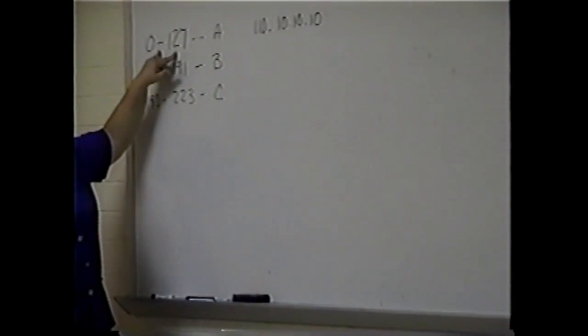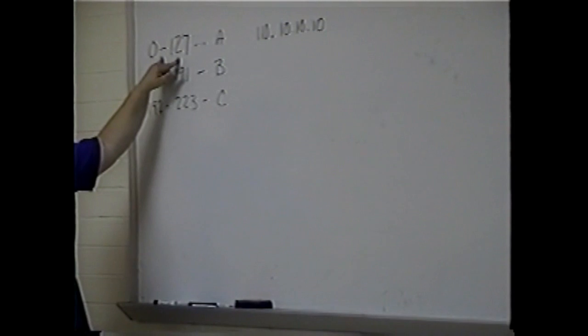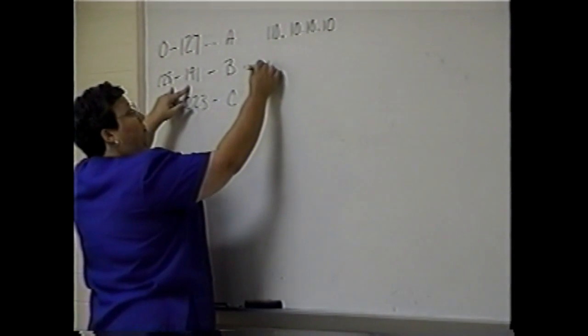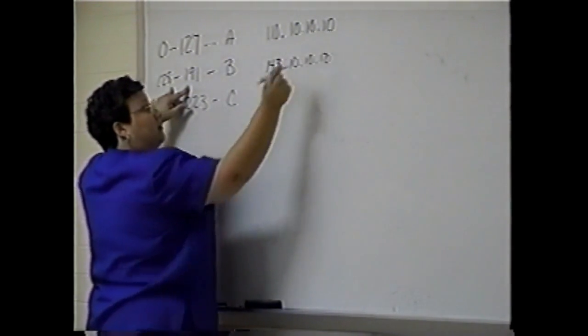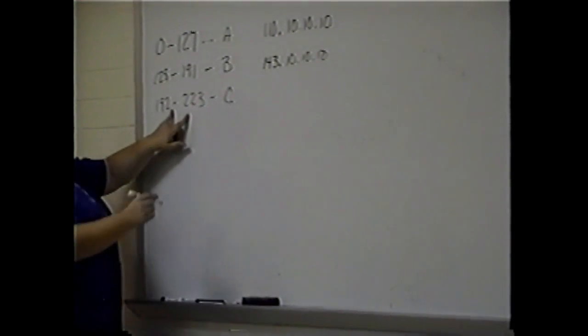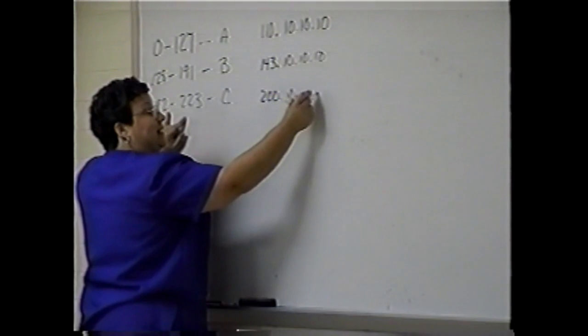And if it falls within this range, you can specify it as being a Class A. Any IP address whose number falls within this range is a Class B. And anything that falls within this range is a Class C.